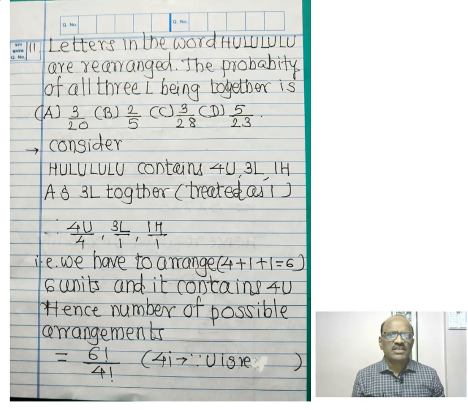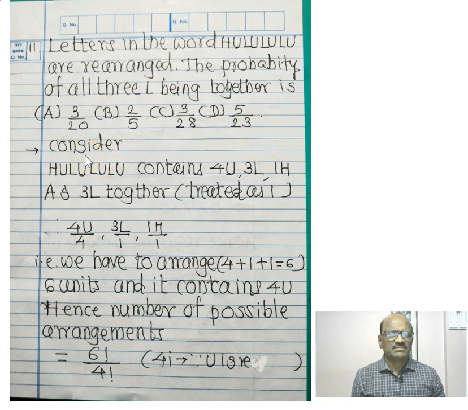Now next question. The letters in the word are rearranged. The probability of all three L's being together is: first option 3 by 20, 2 by 5, 3 by 28, and D is 5 upon 23.